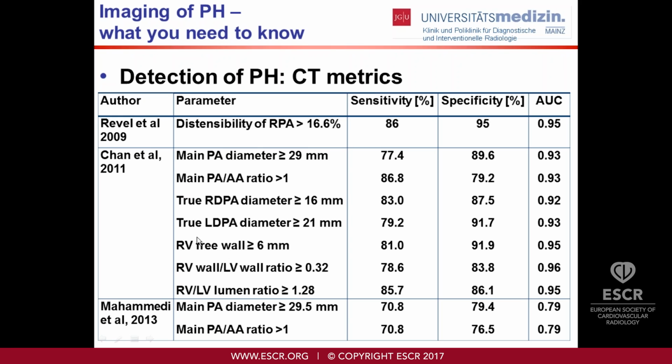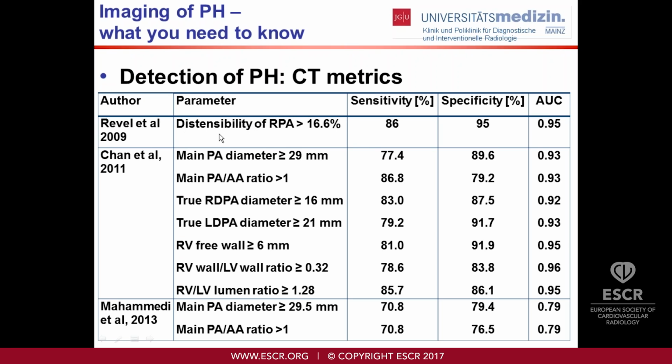Just take a look at the diameter of the main pulmonary artery, and do not forget to compare the main pulmonary artery to the ascending aorta. If this is greater than 1, you have a high sensitivity in detecting pulmonary hypertension in case you don't have an aneurysmal disease of the ascending aorta.